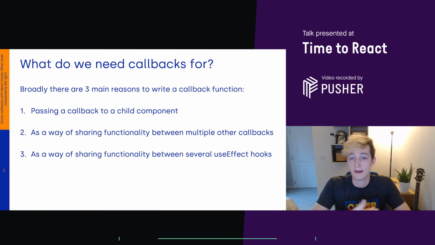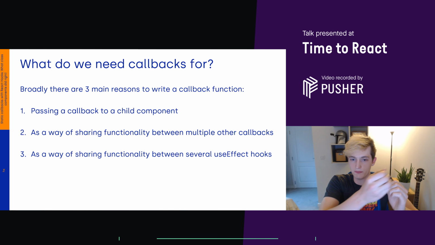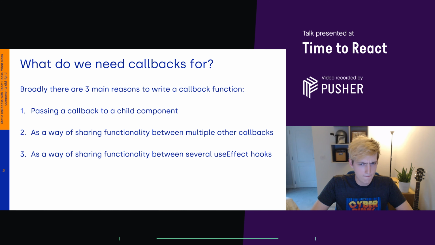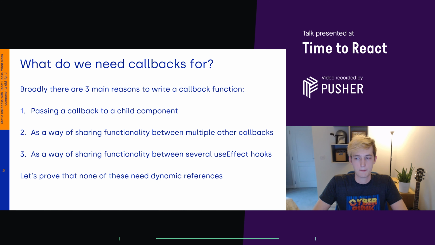And we might use useCallback for that so as we don't break our dependency circles. And the third is as a way of sharing functionality between several useEffect hooks, maybe we've got the same situation with many useEffect hooks and we want to have the same actual function happening. Okay, let's go through these one by one and see if they would work with a static callback.